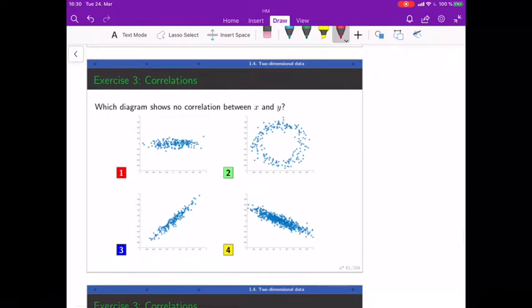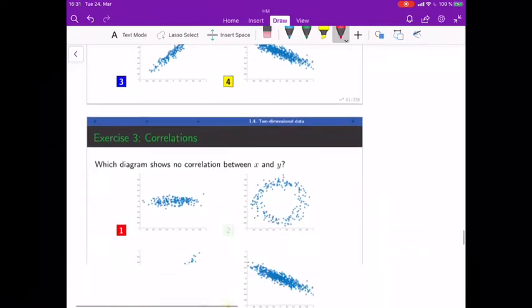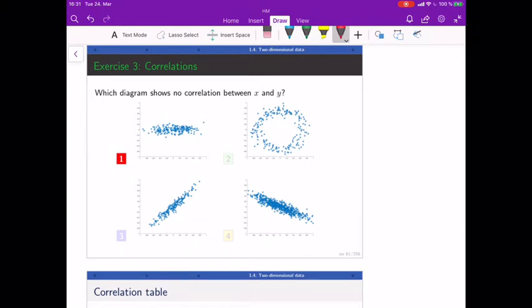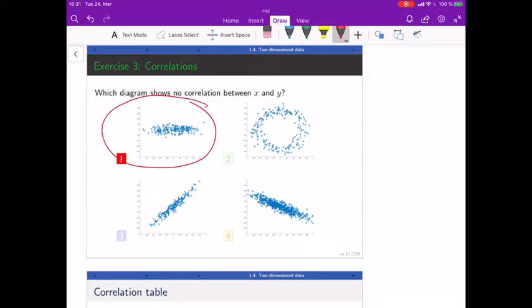Last question, which of these diagrams shows no correlation between x and y? You might have been tempted to say top right 2, but actually it's this one here. We'll talk about 2 in a second.